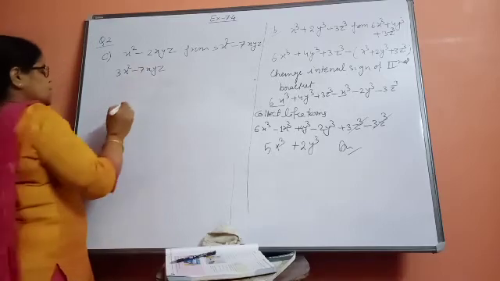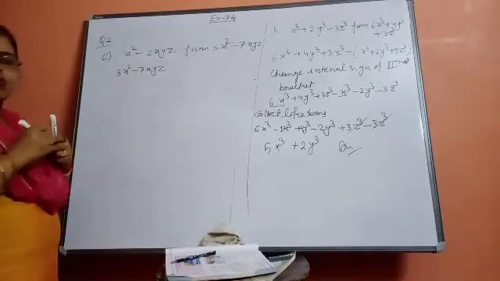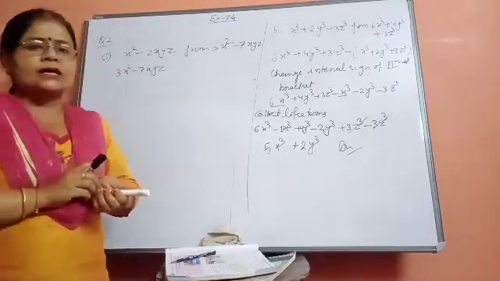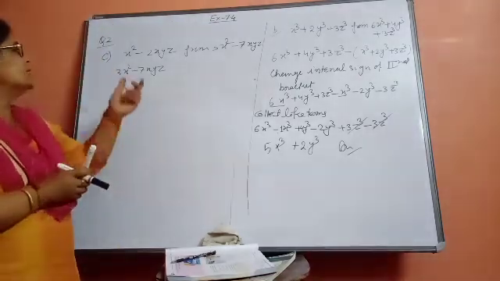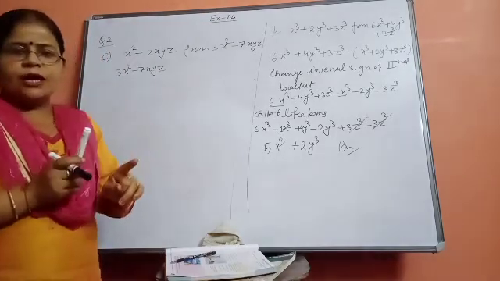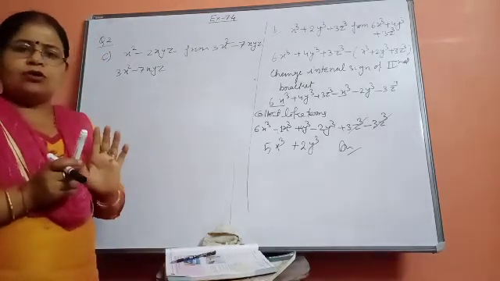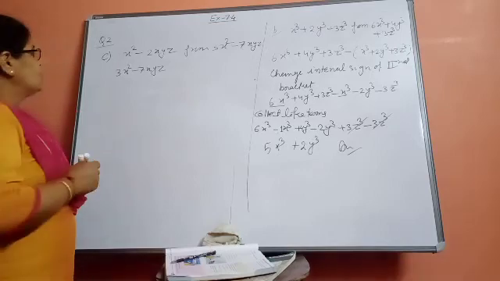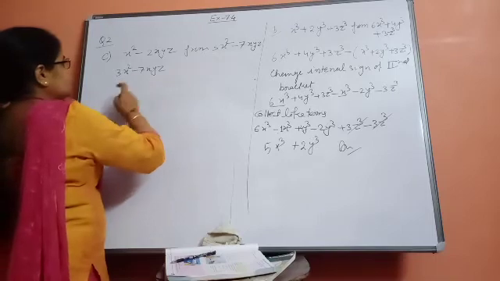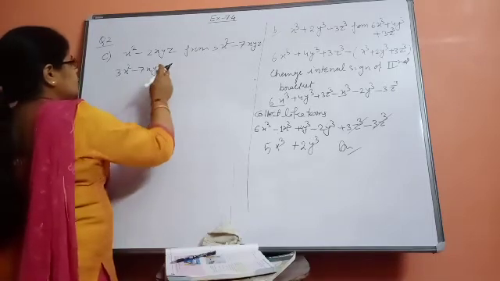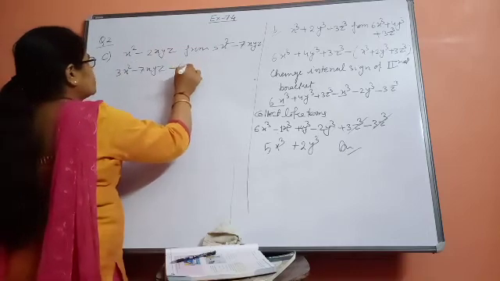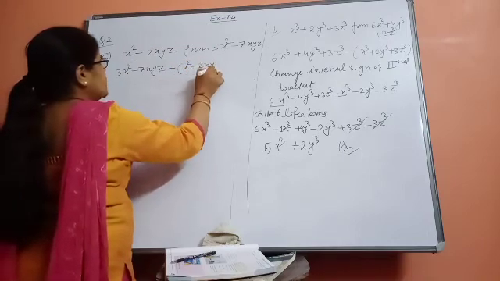After teaching this subtraction so many times, when the exams come, at that time the children make mistakes, they write this first, and in this way you are doing it wrong. Beta, be very aware and attentive while you are doing your studies. Okay, now see that 3x square minus 7xyz will come in the first position, and then minus, as we are doing subtraction, and this will be written inside the bracket: x square minus 2xyz.